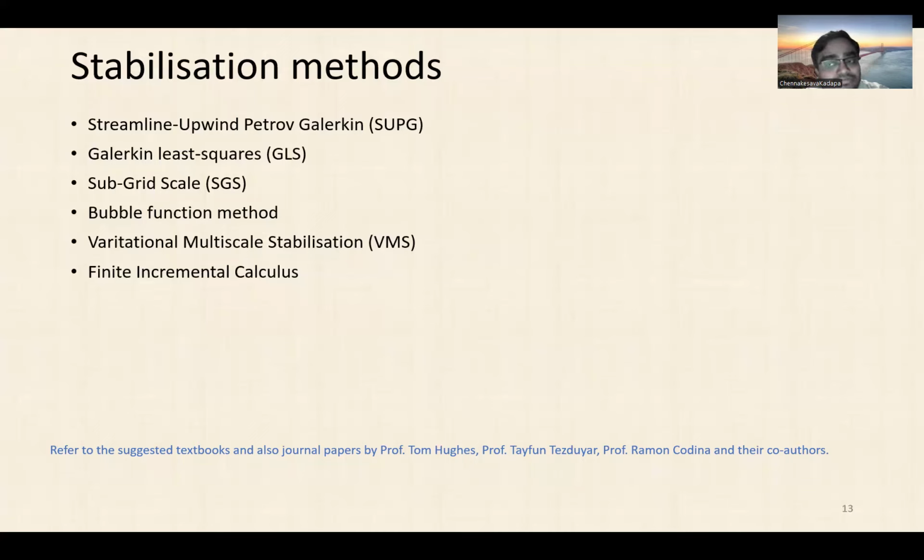There are also a lot of papers published by Professor Tom Hughes, Professor Tayfun Tezduyar, and Professor Ramon Codina and their co-authors. You can get these papers through the references in the textbook by Donea and Huerta.